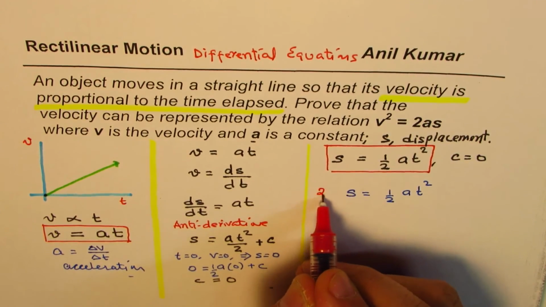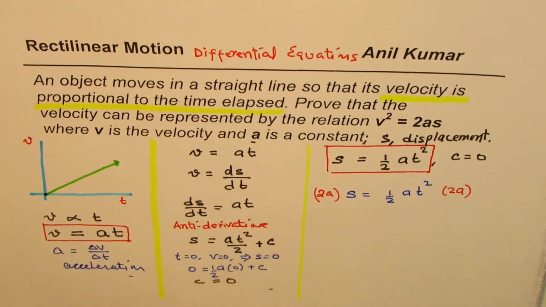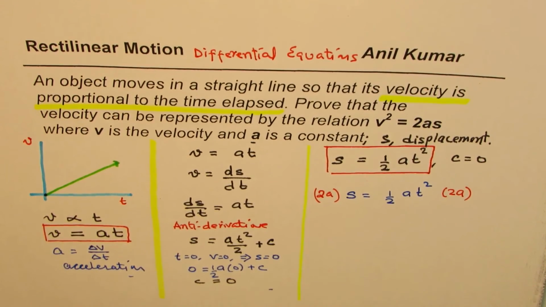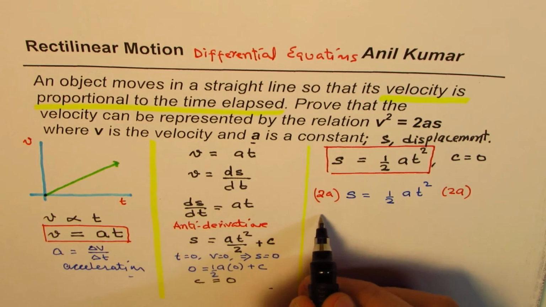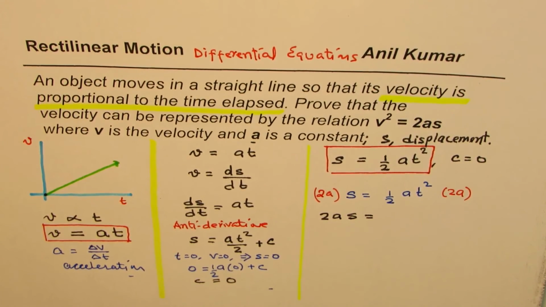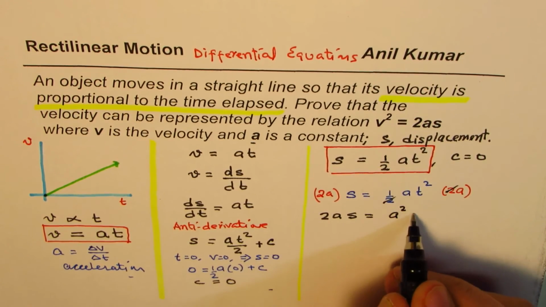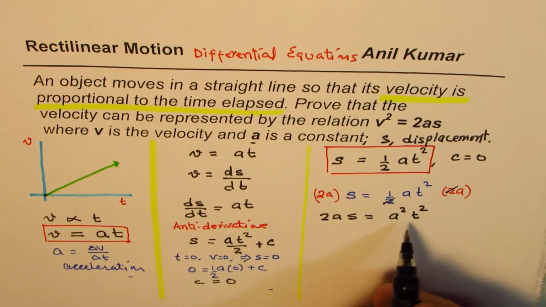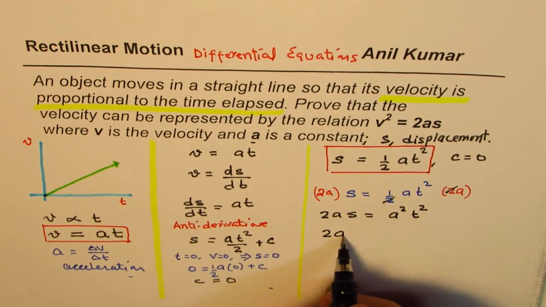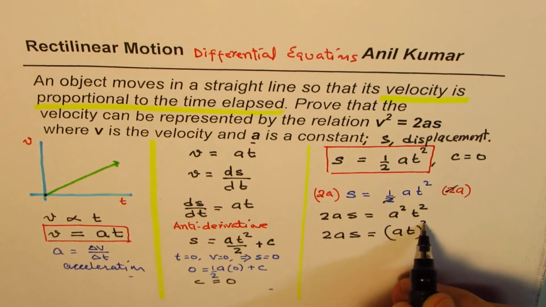So if I multiply this side by 2a and also this side by 2a, what do I get? Let us simplify. So when you simplify, you get 2as equals to, and on this side, this 2 cancels with that, and you get a squared t squared. Do you see that? So what you get here is 2as equals (at) whole squared.